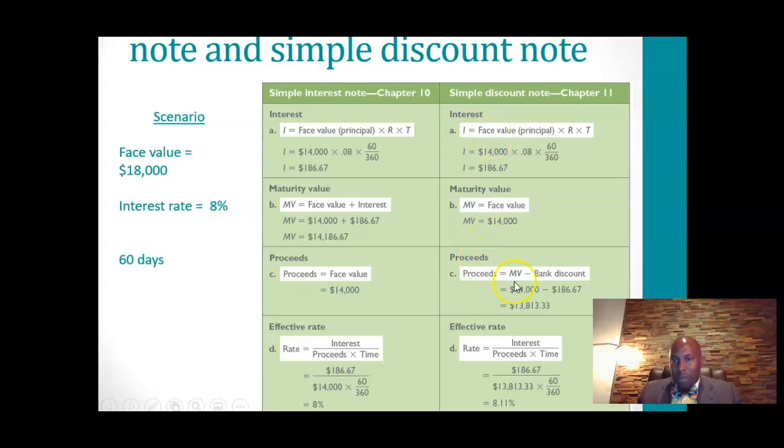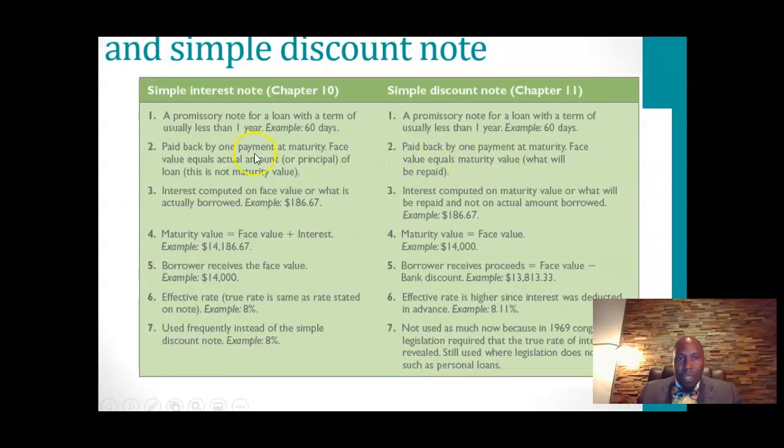Your proceeds would be the face value minus the bank discount. And with a simple discount note, the effective interest rate is going to be higher than the stated rate of interest.